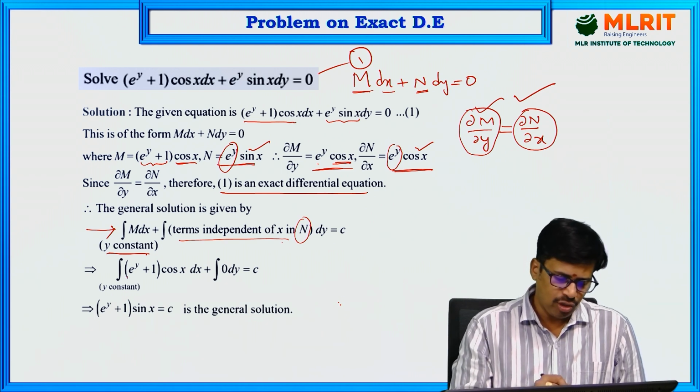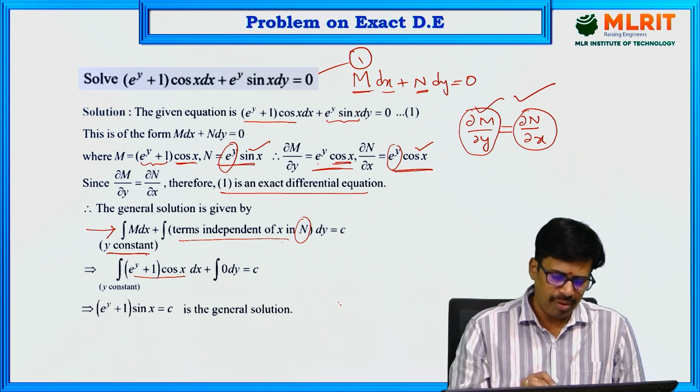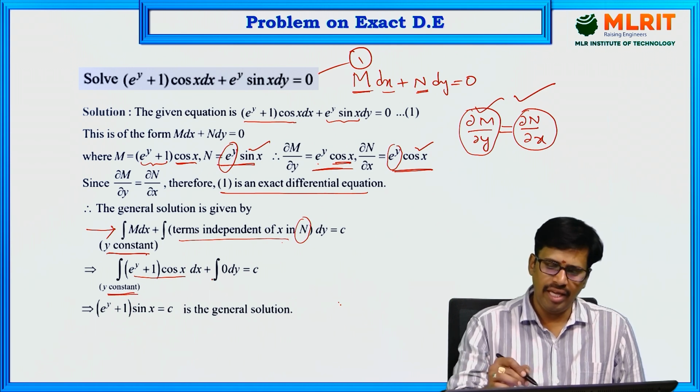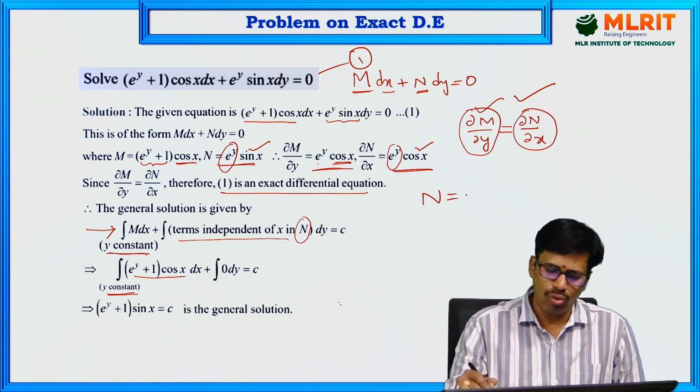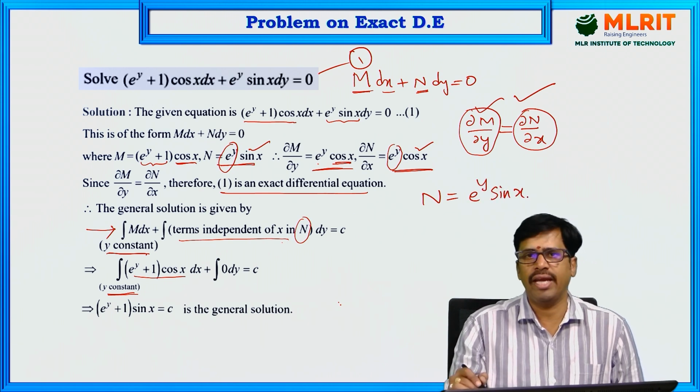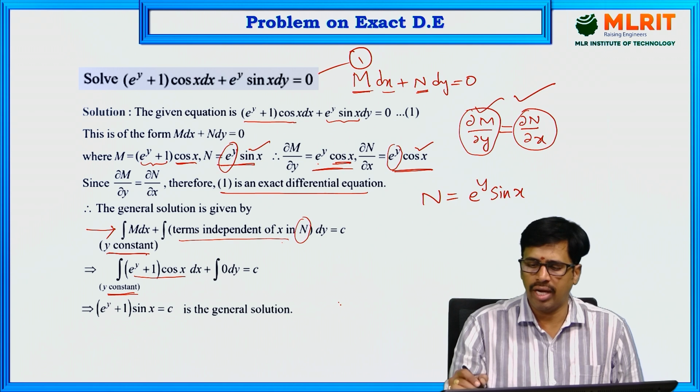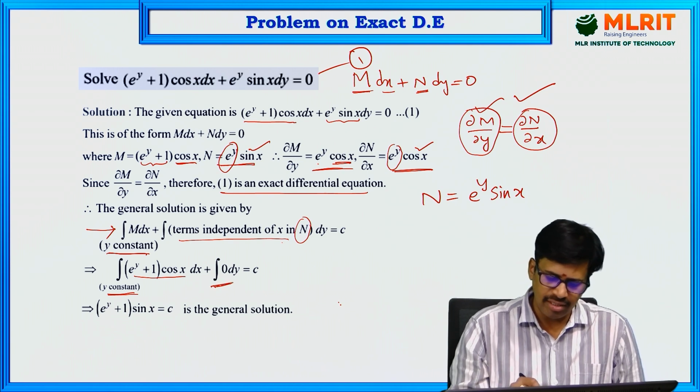So integration of M means e power y plus 1 into cos x, where y is constant, plus here we can see N is equal to e power y sin x. There is only one term, where both x and y terms are together, so I can't ignore x terms, so take it as 0.